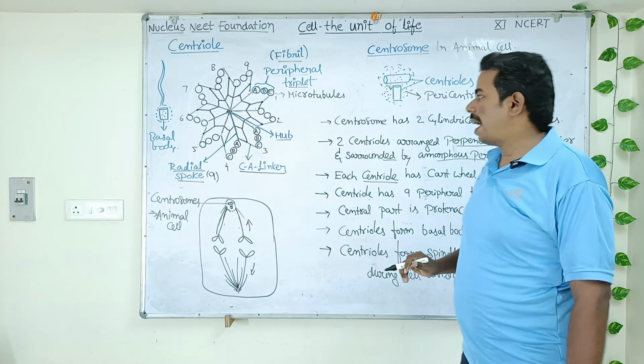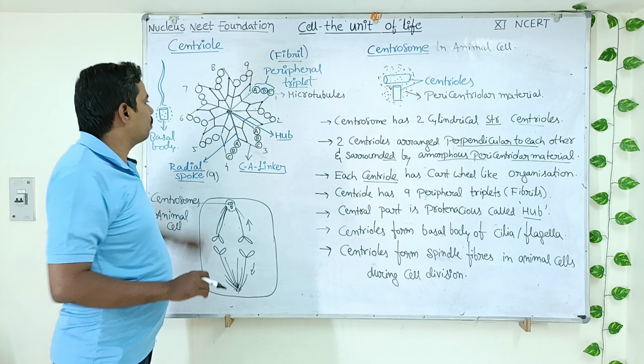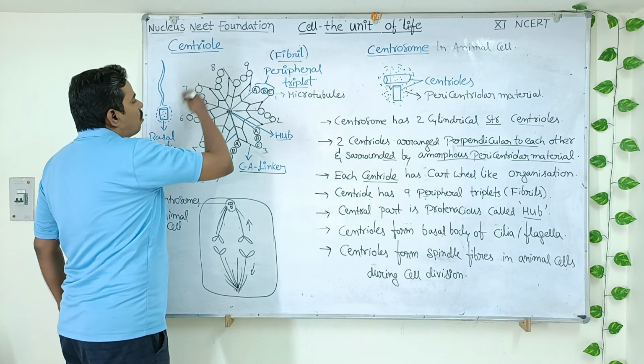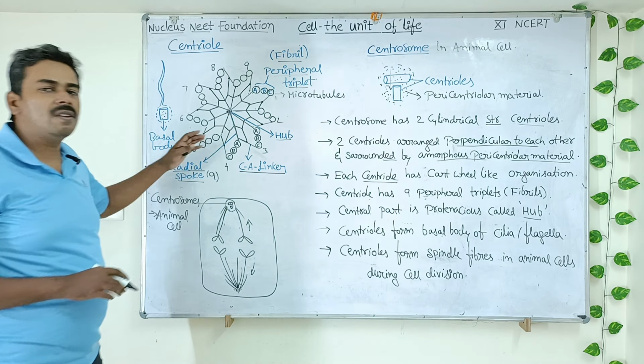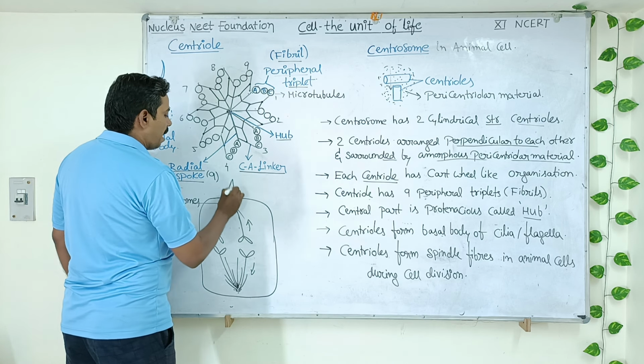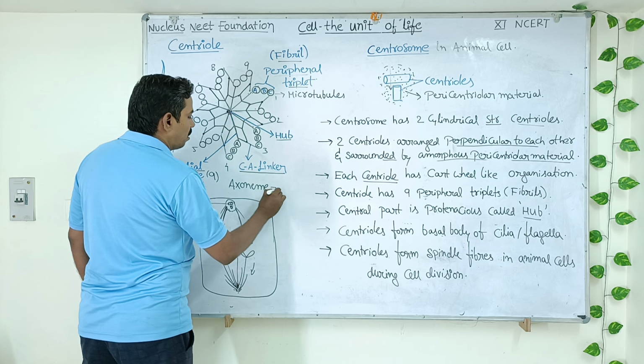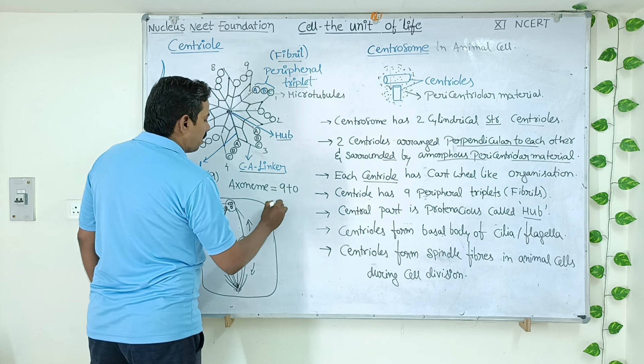Okay, then what is the axoneme? What is the axoneme formula of centriole? The axoneme means the central core of the centriole. If you observe, the axoneme shows the formula 9 plus 0 array.